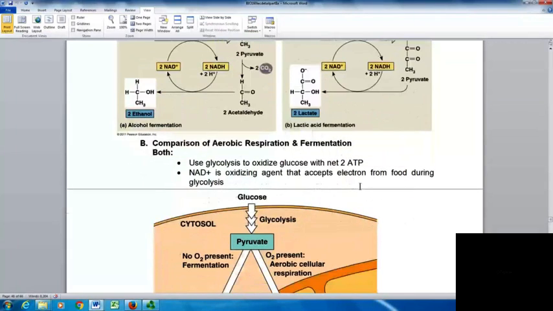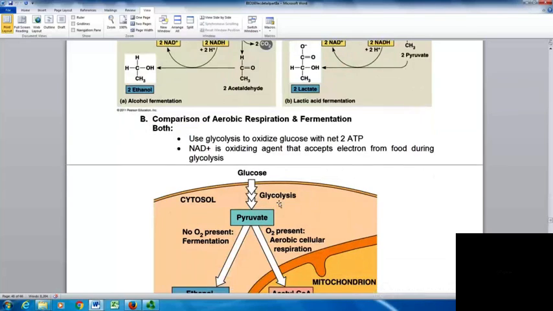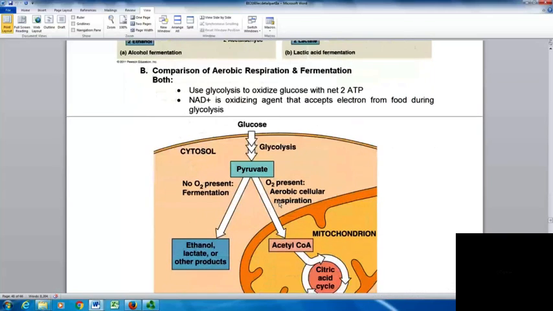When we compare aerobic respiration and fermentation, both are going to use glycolysis to oxidize glucose and have a net gain of ATP. NAD+ is going to be the oxidizing agent that accepts the electrons from food during glycolysis.